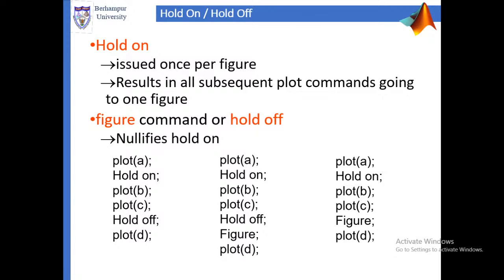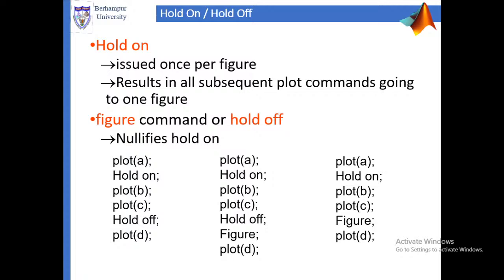Now in the third example, plot A, hold on, plot B, plot C, then figure, plot D. This is the same as the second one. Instead of using hold off, you can straight write figure, plot D. So the first three plots will be in one figure, the next plot will be in another figure.